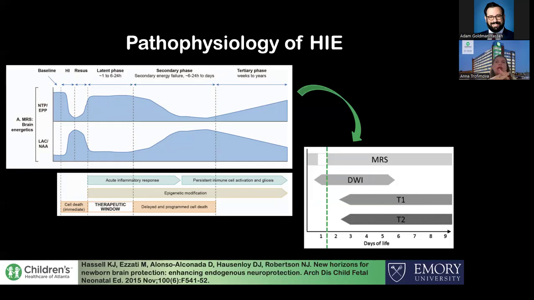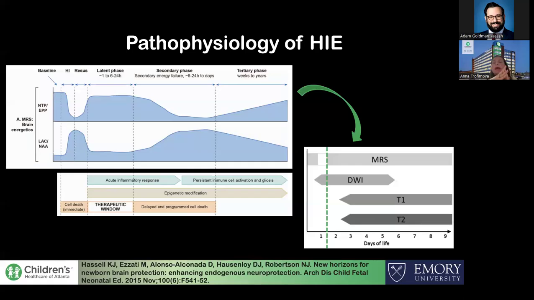If we correlate what's happening during this period with what can be depicted on imaging, one of the earliest events which can potentially be detected is the presence of anaerobic metabolism during this primary energy failure period.